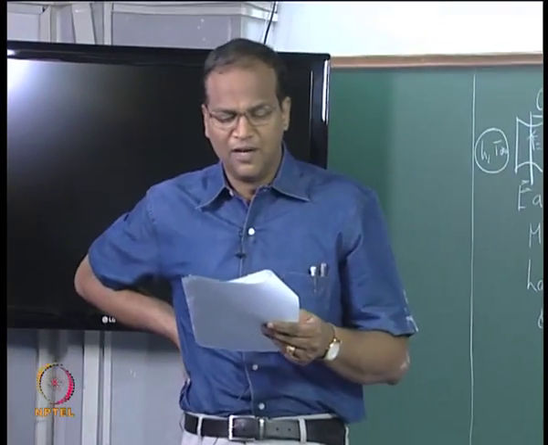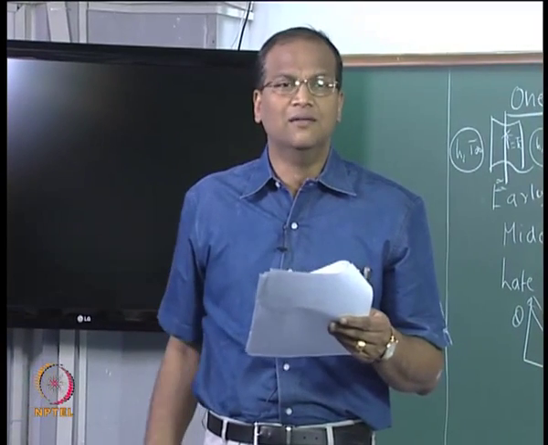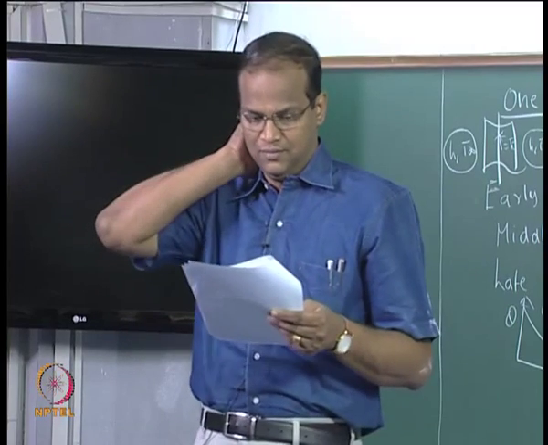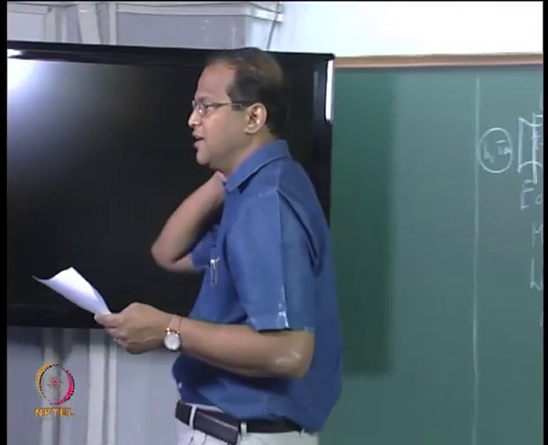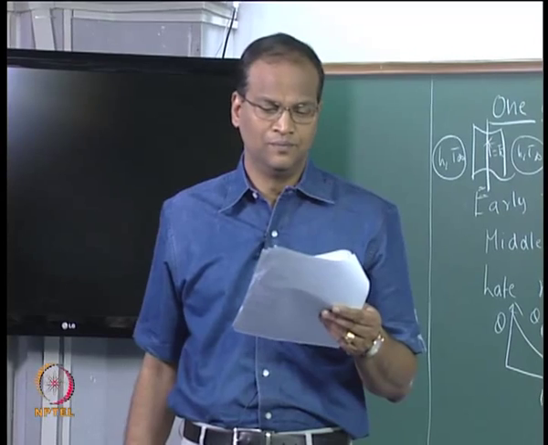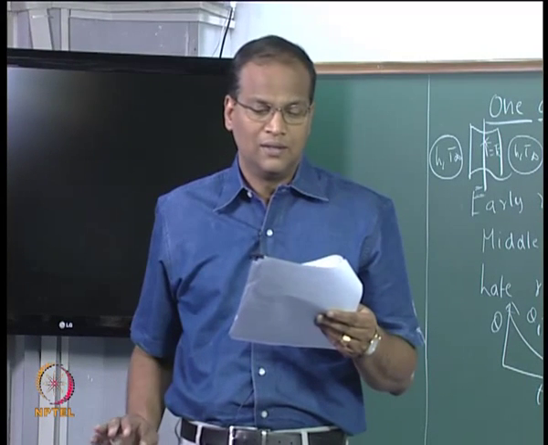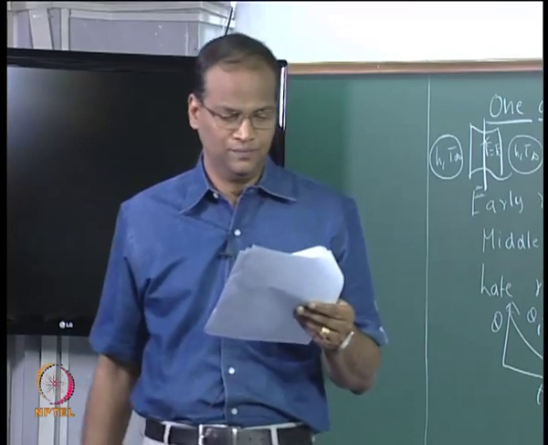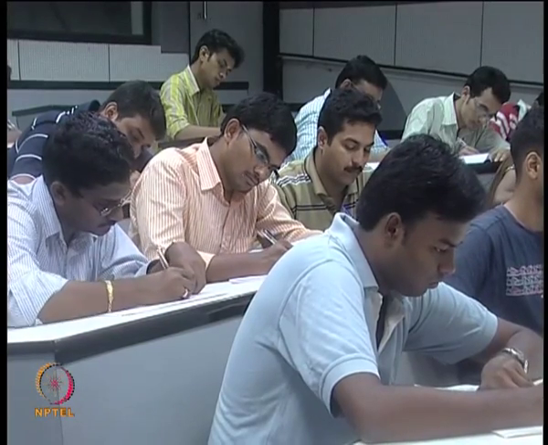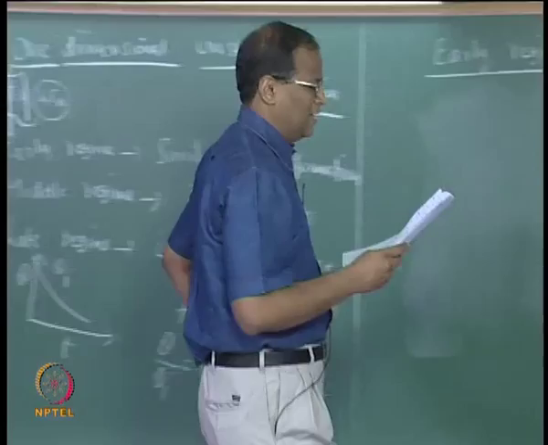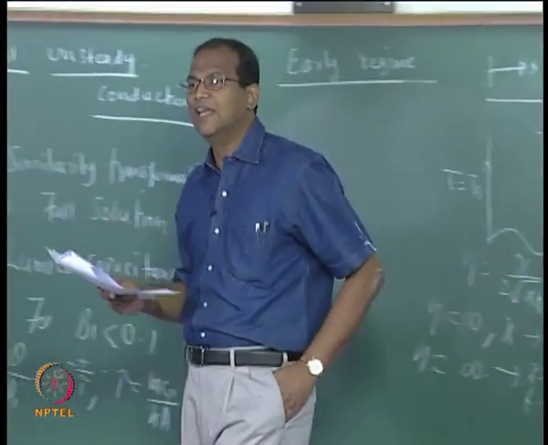Stainless steel balls 10 millimeter in diameter are annealed, A-N-N-E-A-L-E-D, by heating to 1200 Kelvin and then slow cooling to 375 Kelvin in air.